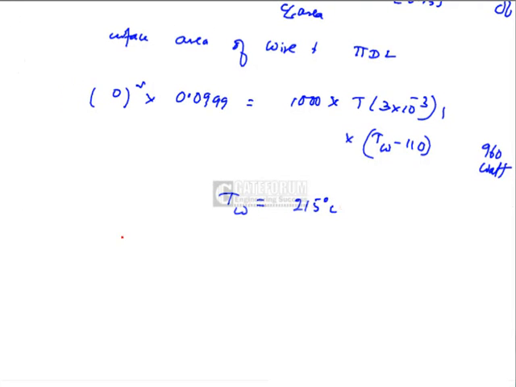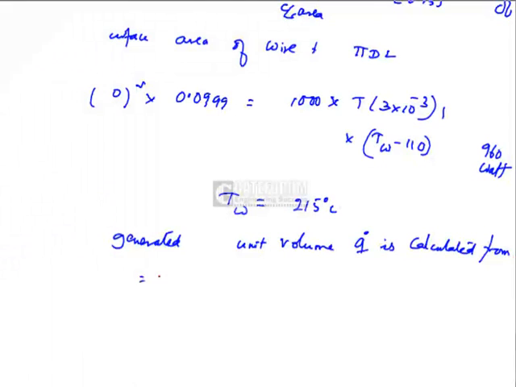Heat generated per unit volume q dot is calculated from power is equal to q dot into volume, that is q dot into pi r² L, where r is the radius.